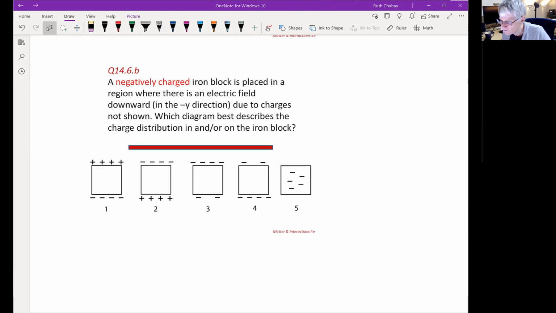So which of these diagrams is going to represent what happens? We have an electric field down this time, minus y it says.